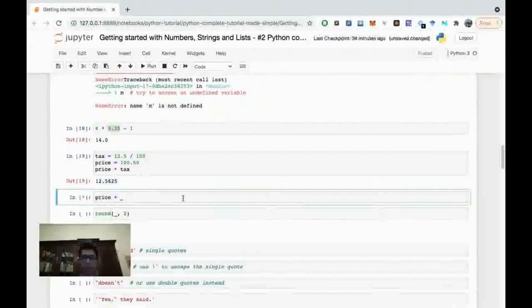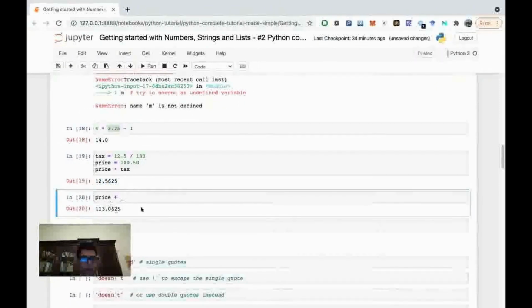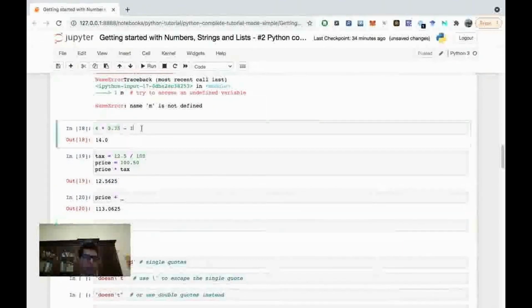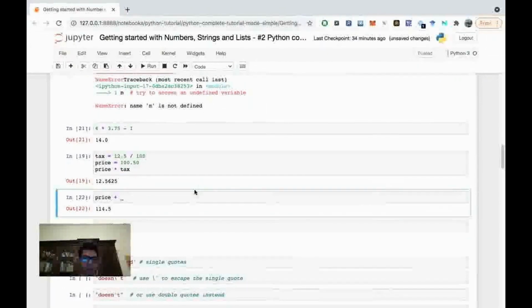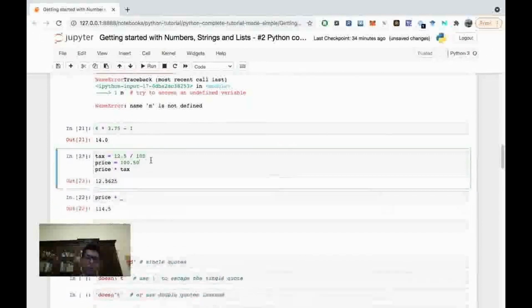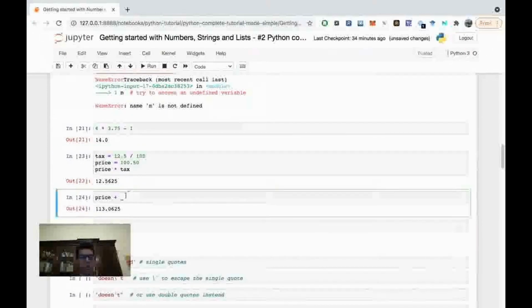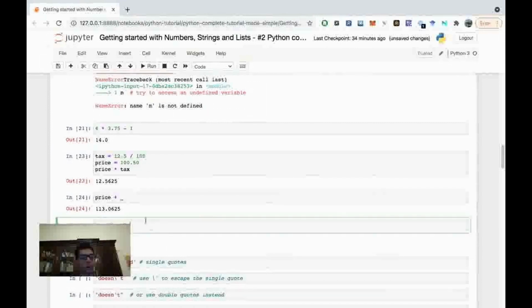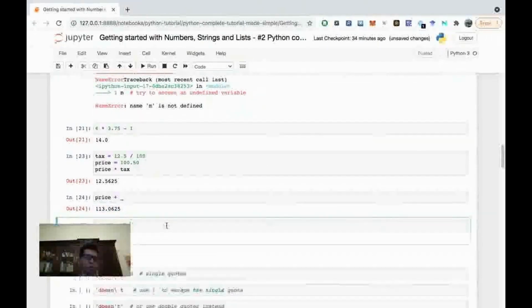So price plus the tax. Here we have the tax is 13, and if for example this is the last entry, it's 14, so it will be not 13 but more like 14. This is also to be remembered. Also we can round this last price here, round it to two numbers after the dot.